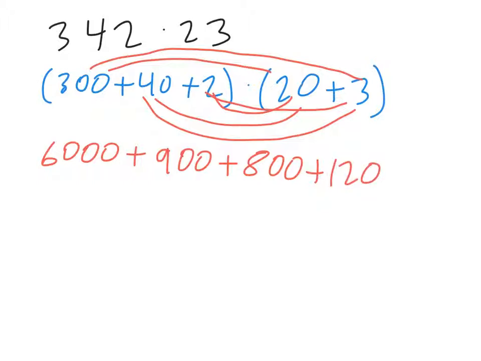And 2 times 20 is 40. And then 2 times 3 is 6.